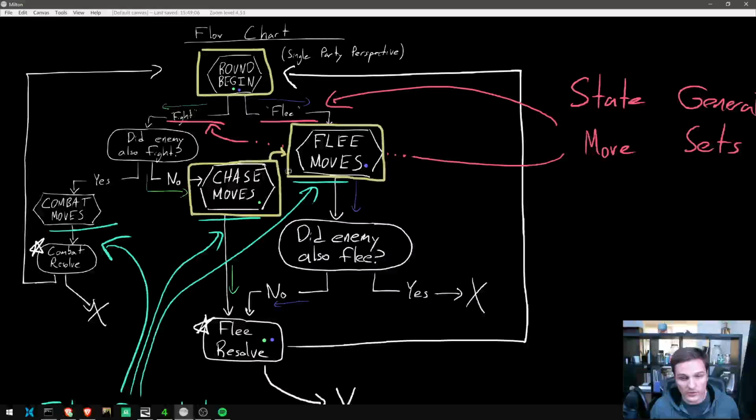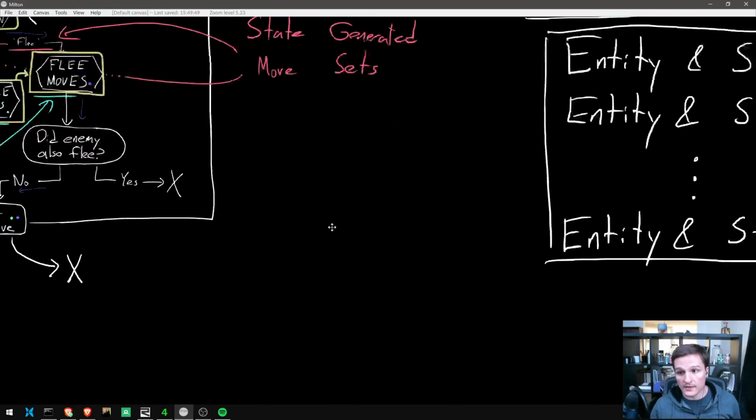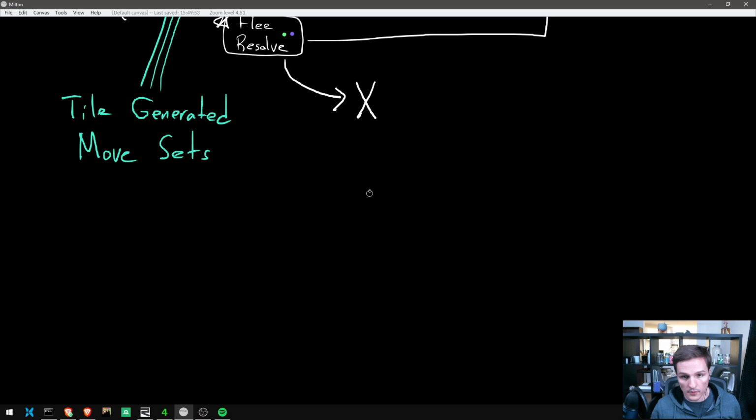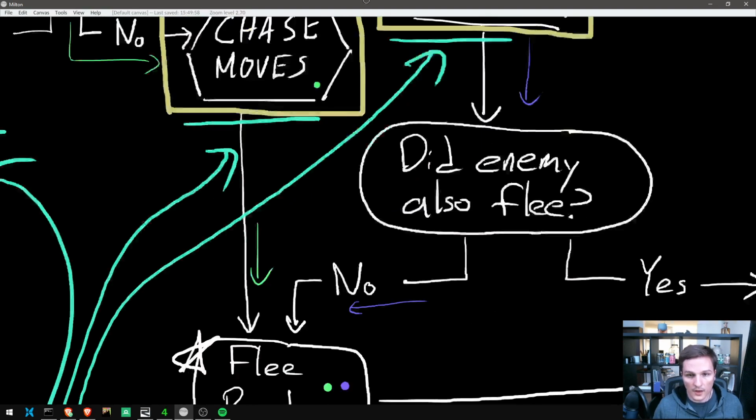So I want to shift the data structure. I think it might work out a lot better if I come up with a picture that does not have a single party perspective but a global perspective, or rather not even a global perspective, but rather accounts for the multiple parties and the various paths that come out of each combination of decisions. And I think the right tool for that is a game theory model. So let's redraw this as a game theory chart instead of a flow chart, and I can show you how I think it could be done.